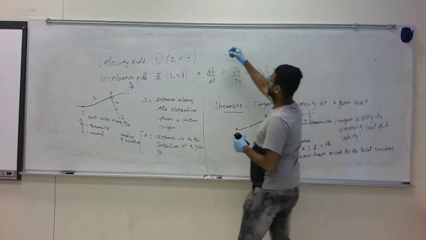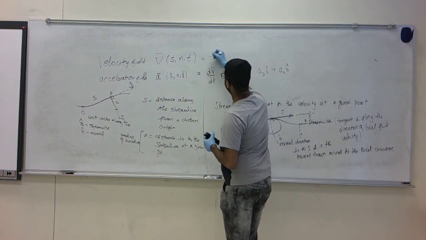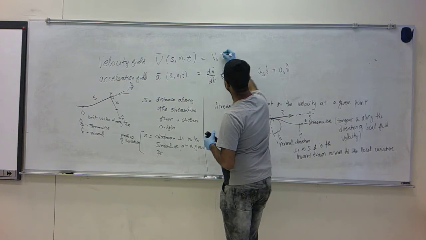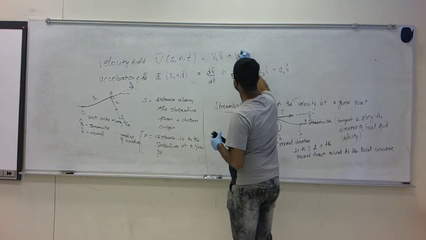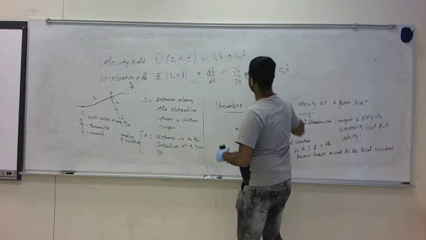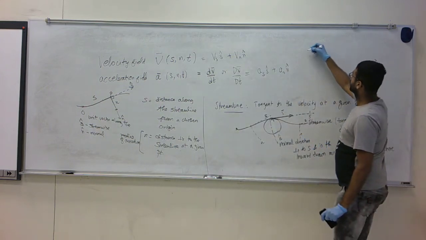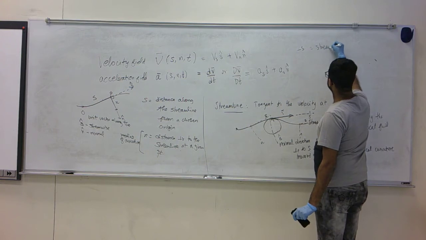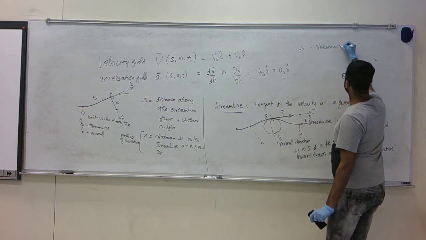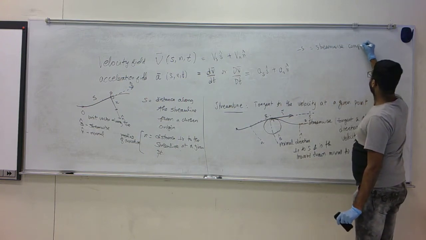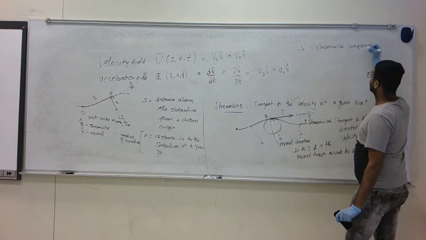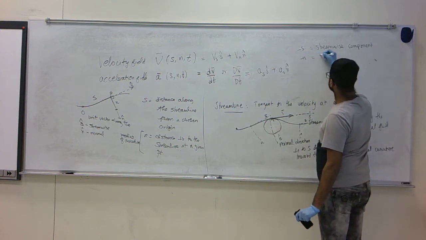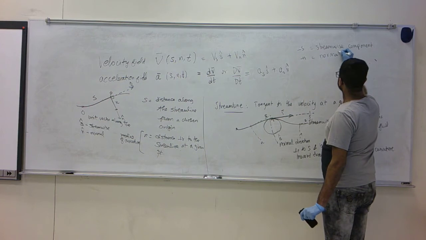So we'll write velocity as Vs times S cap plus Vn times N cap. Subscript S represents the streamwise component, and subscript N represents the normal component.